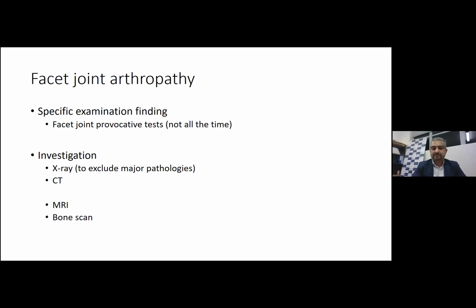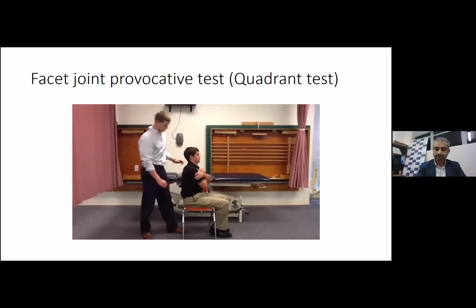The specific examination is the facet joint provocative test. I'm going to show you in a video. X-ray and CT scan are helpful. Bone scan can be very helpful because it shows active disease where we can target specifically. That is a quadrant test. That's a facet joint provocative test.